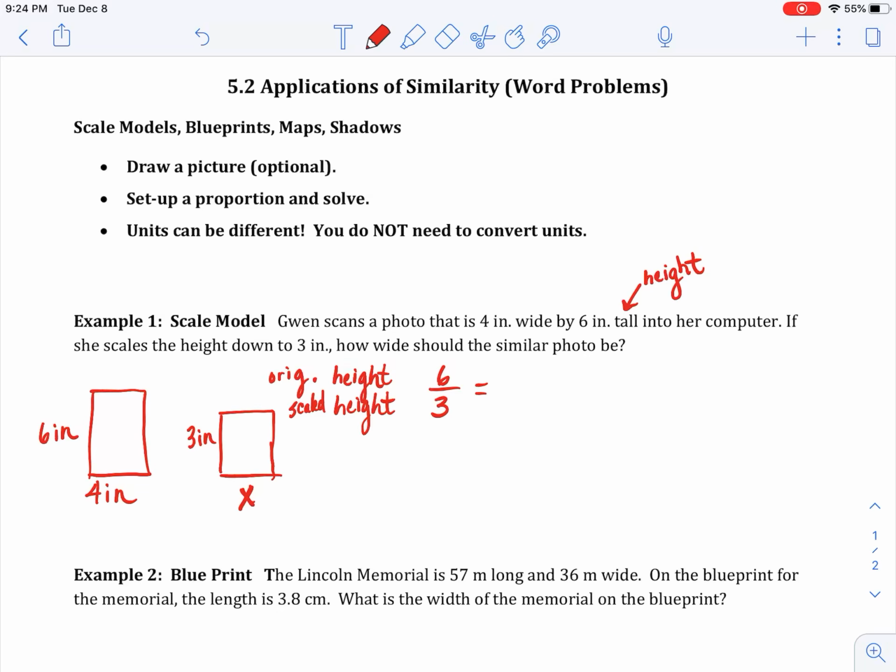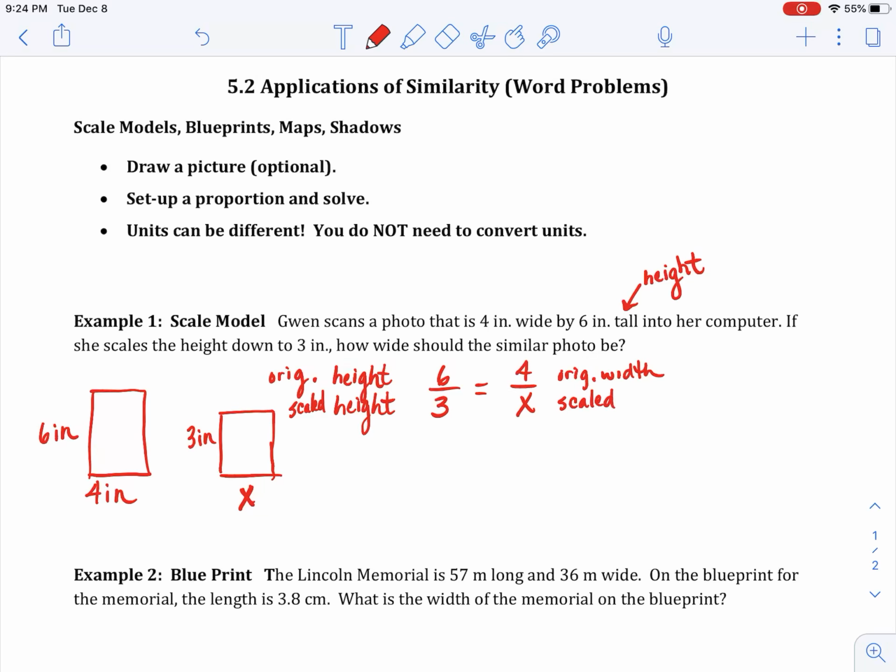So on the other side of the equal sign, you have to do the original width over the scaled width. So if you're going to go original height over scaled height, you have to go original width over scaled width. So you'd go 4 over x. So that would be how you would write the correct proportion. On the other side, it'd be the original width over the scaled width.